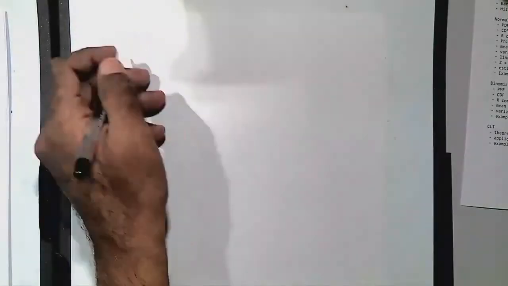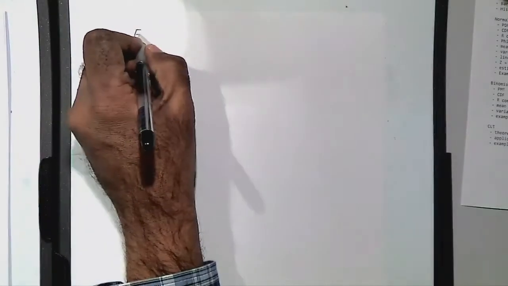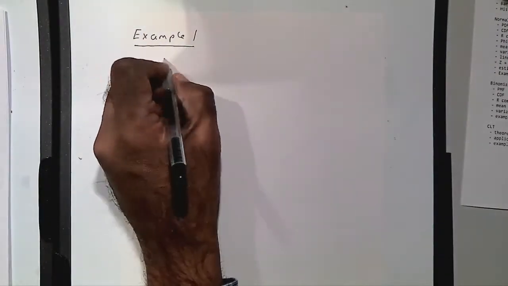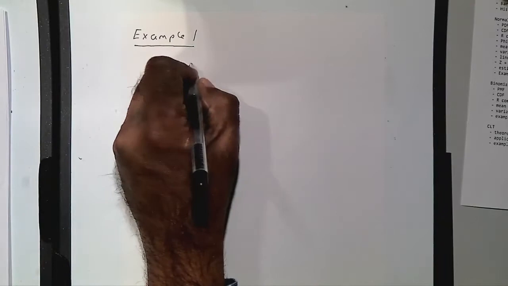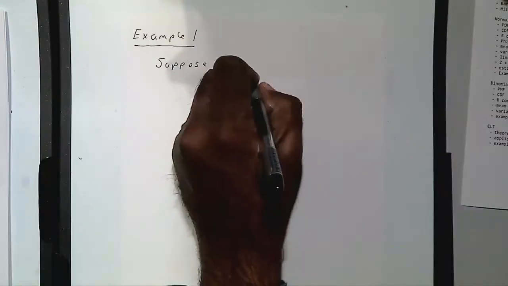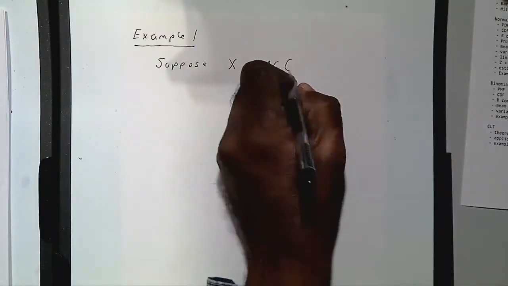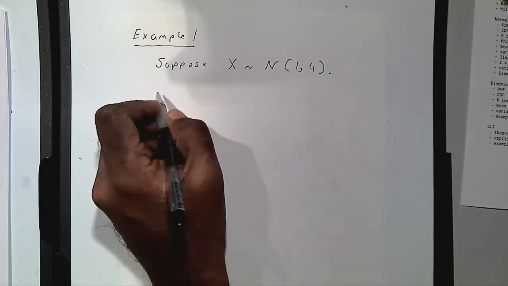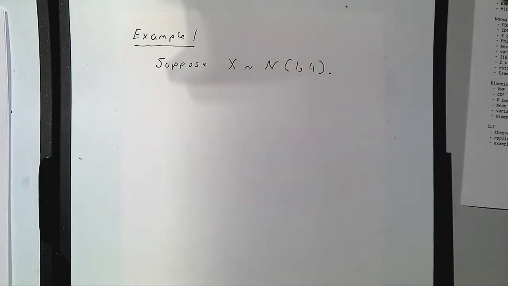Now, I want to do some examples, starting with example 1. Suppose X has a normal distribution with parameters 1 and 4, right?